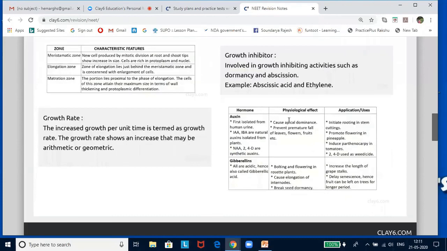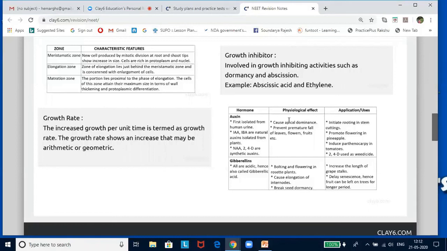Now, the growth of the plant is regulated through gene action and environmental conditions. These are the substances which are produced by the plants themselves, which regulate their growth and many physiological and biochemical activities. These are called plant growth substances. Regulation of plant growth through chemical mechanism frequently involves certain molecules, and these are known as hormones.